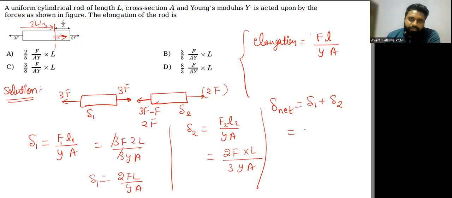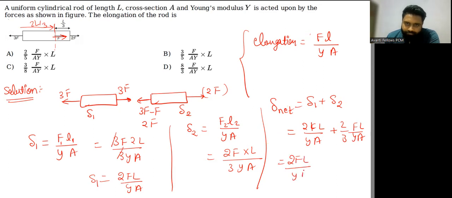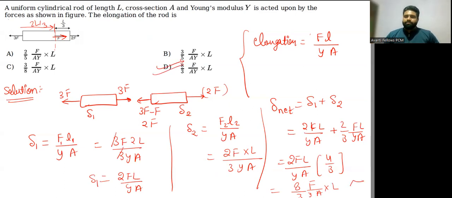So delta 1 plus delta 2 you will have as 2FL upon YA plus 2 by 3 FL over YA. You can take this 2FL over YA common. So 1 plus 1 by 3 will become 4 by 3. So it will come out as 8 by 3 F L over YA. This option D is the correct option.